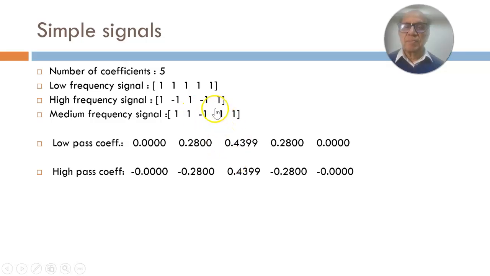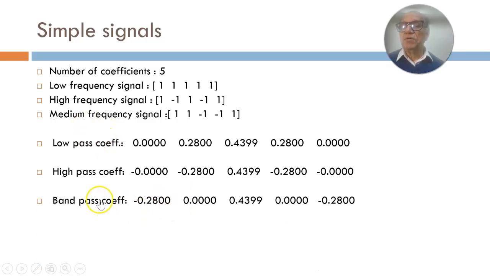This is positive. These two minus become plus. So again, all the product terms are positive and you will find that the output of the high pass filter will be comparatively large and positive. Okay. So this shows you how the high pass filter rejects the low frequency and allows the high frequency signal.